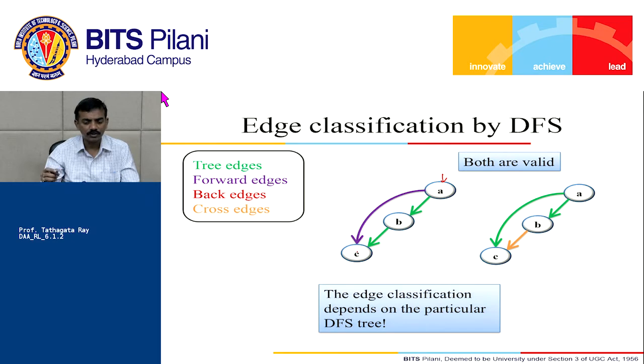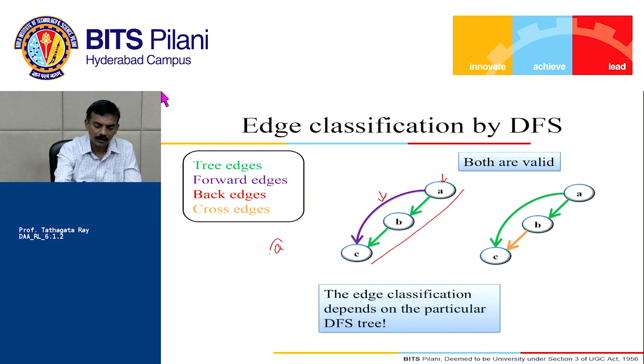You assign a finish time to C. Go back to B. There are no unvisited neighbors of B, so you go back to A, and there are no unvisited neighbors of A, so A is done. But notice that in my graph, I have an edge between A and C. So this becomes a forward edge. So this is one depth first tree where you went from A to B to C.